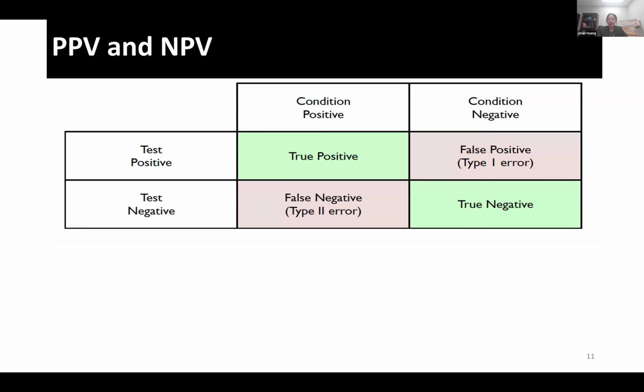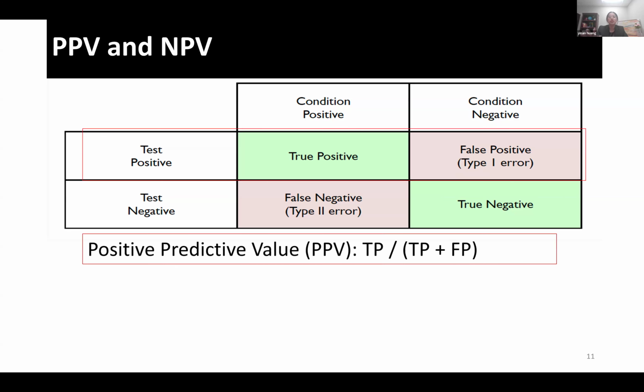What are the positive predictive value and negative predictive value? Well, the PPV and NPV take a different perspective here. To calculate PPV, I want to draw your attention to the rows of the test positive. The PPV equals the true positive divided by true positive plus false positive.